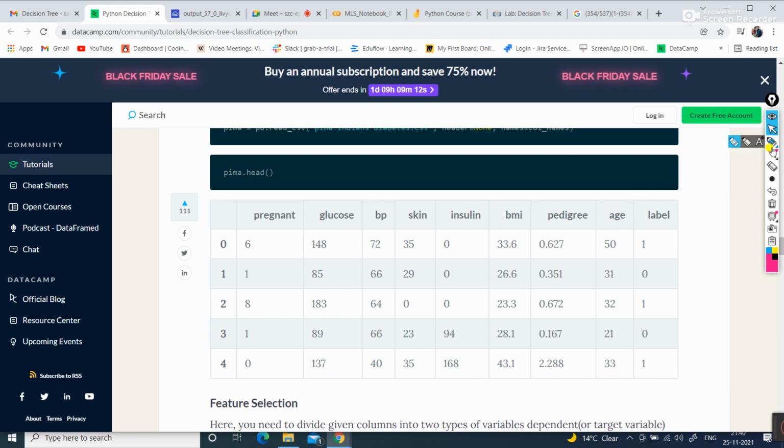Let's say it started from age. In age, they calculate the entropy on the left-hand side and the entropy on the right-hand side by splitting these 1 and 0 only, and they find this is the entropy.